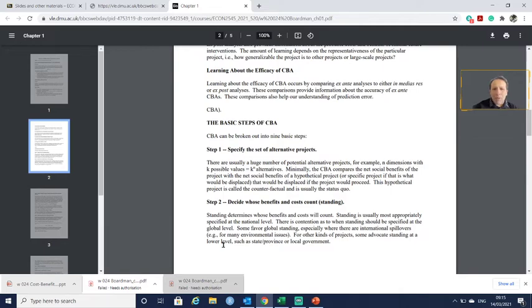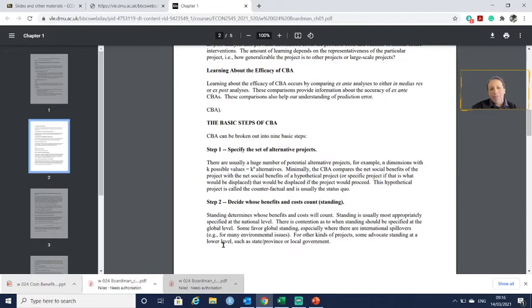This topic is important, as it is probably going to be a requirement if you want to work in the public sector, especially in mergers and acquisitions, and there are many other private organizations that also use CBA. So we will focus on that later. What are the basic steps of CBA?